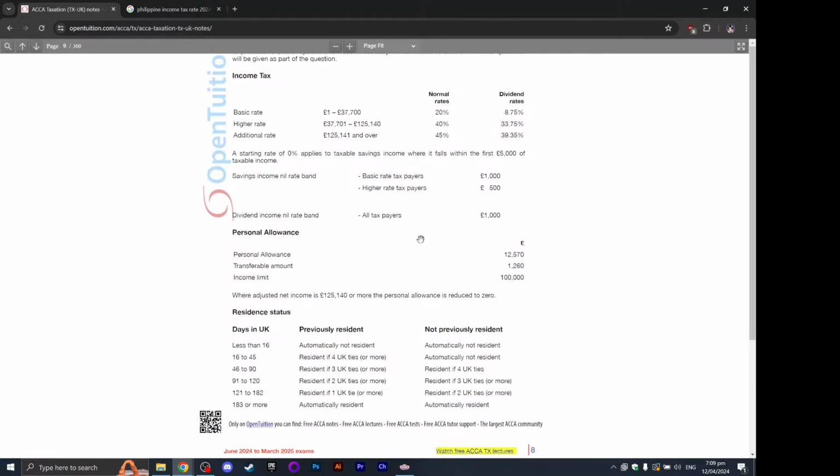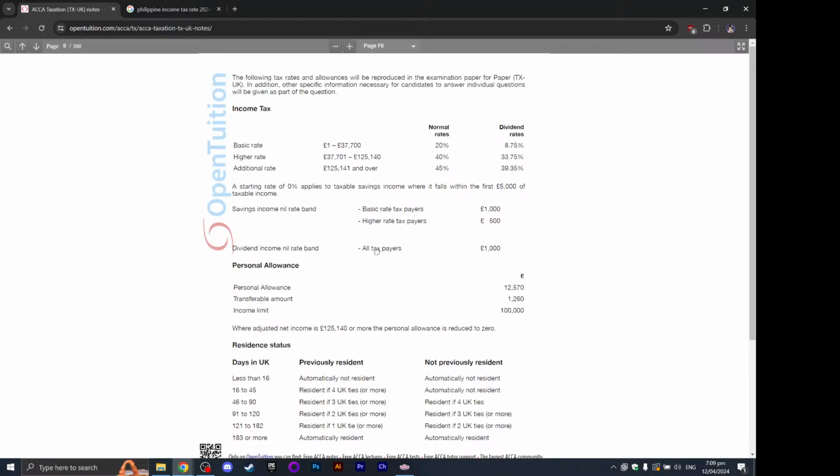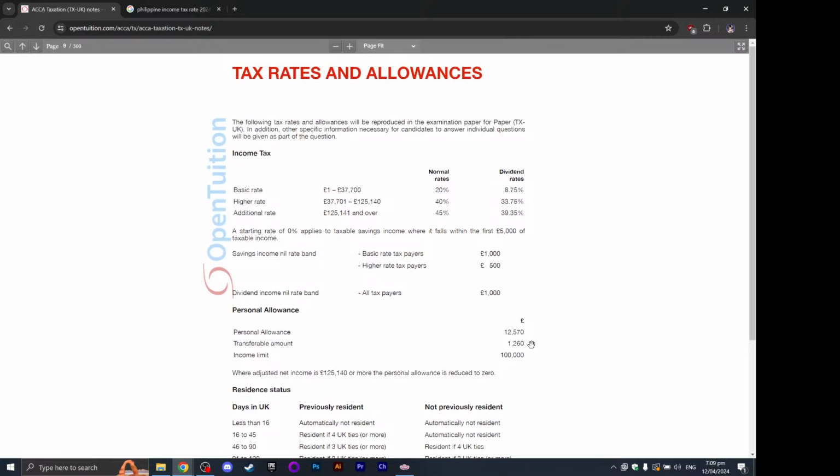But technically, from a practical side, $1 to 12,000 is at 0% because the personal allowance reduces from the taxable income.